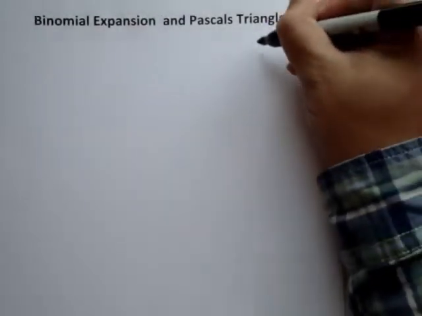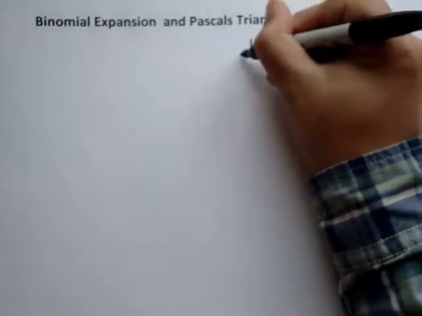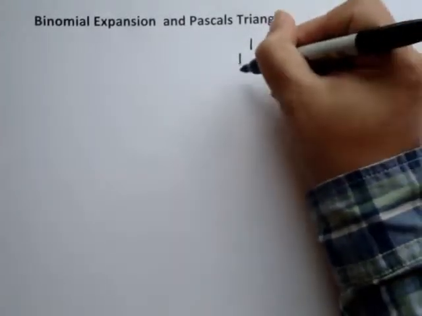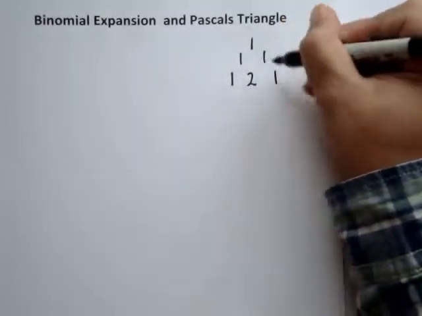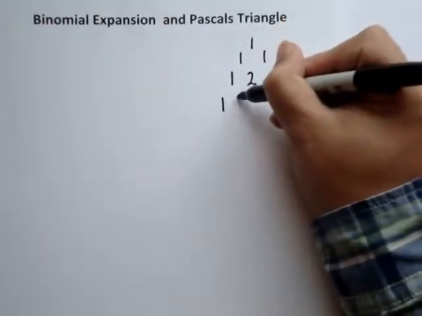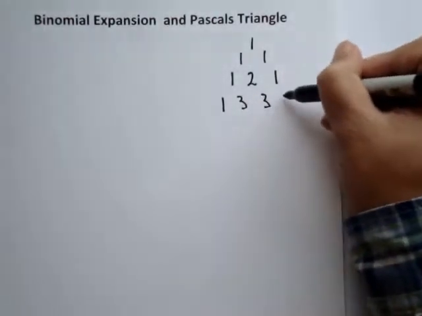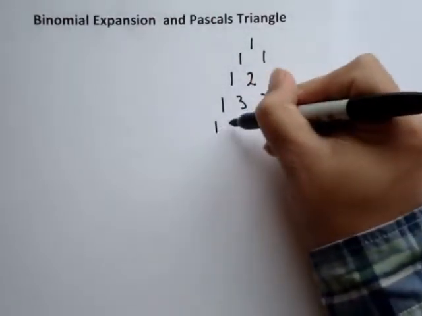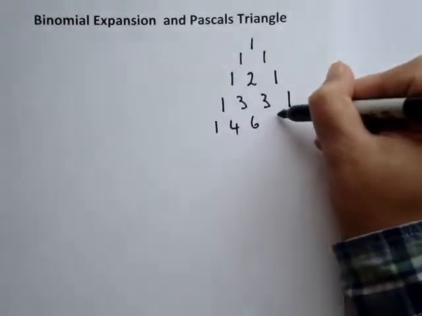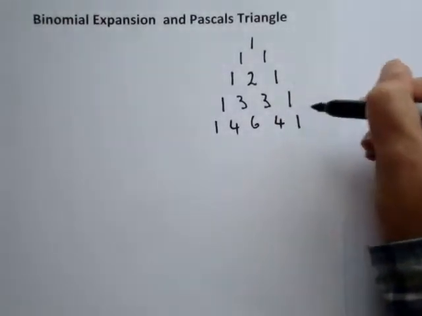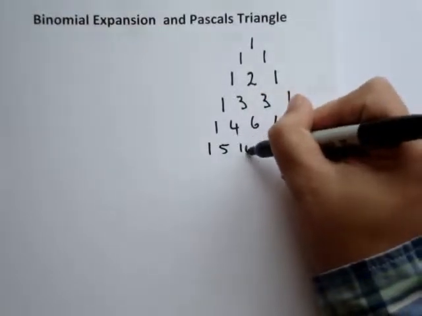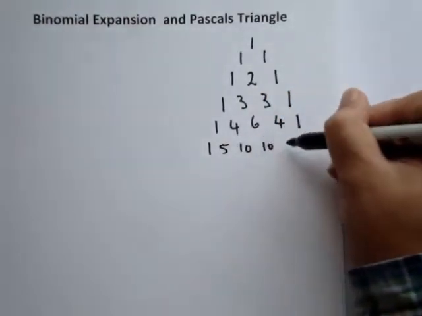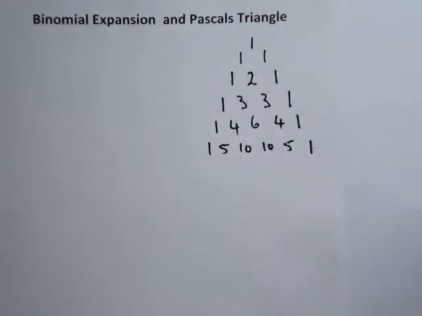If we have a look at Pascal's triangle, it goes something like this: 1 1, put a 1 there, then a 2 and a 1, then a 1, a 3 and a 1, then a 1, a 4, a 6, a 4 and a 1, and then a 1, a 5, 10, 10, 5 and a 1.